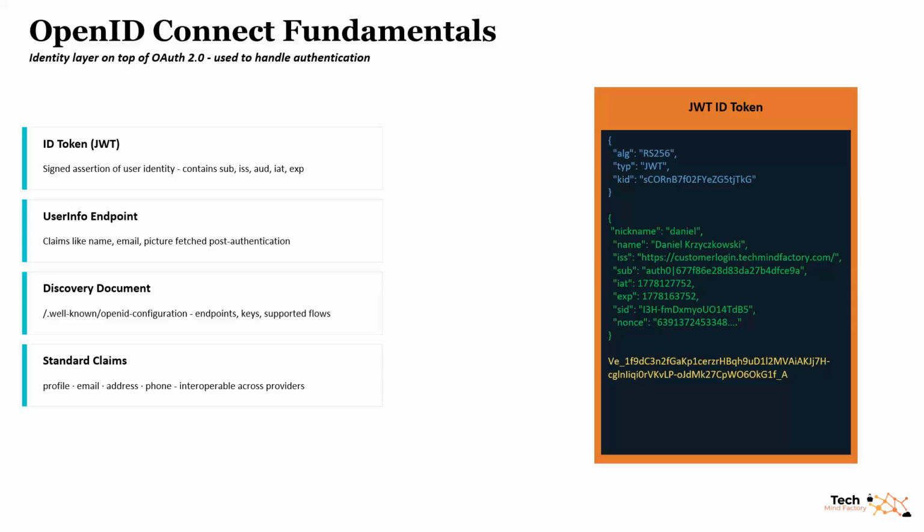So it's like a descriptive document about the authorization server and its capabilities. And also, there are some standard claims when it comes to OpenID Connect, like profile, email, address, phone, right? So those are like standardized claims that are used across different identity providers.